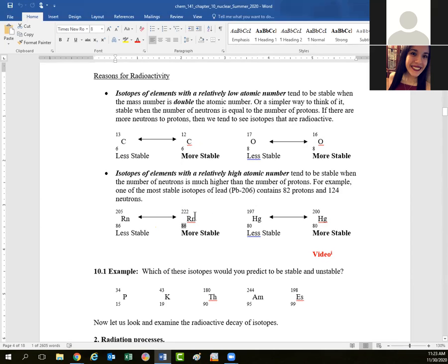That'd be 136 neutrons, I think that is. 136 neutrons or thereabout for the radon. That is stable. More stable than the radon 205, which has 17 fewer neutrons than the 222.